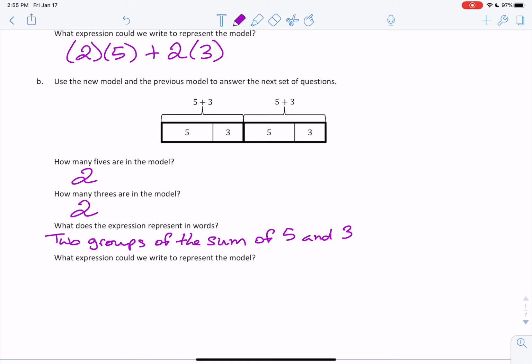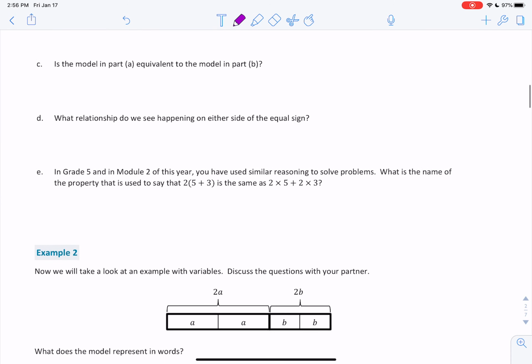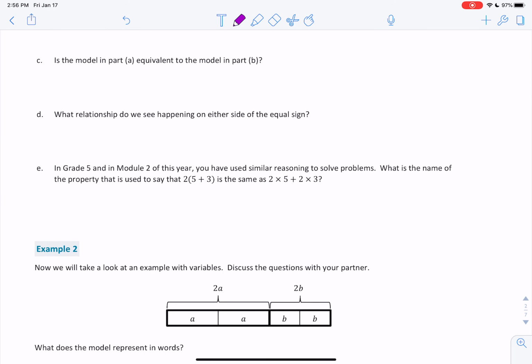What expression could we write to represent this model? Well, we have 5 plus 3 plus 5 plus 3, or we could just simply write 2 times 5 plus 3. Because remember, this is one group, this is another group, and we're adding them together. Okay? All right, moving on. Is the model in part A equivalent to the model in part B?